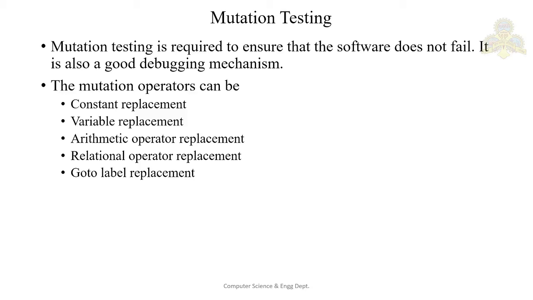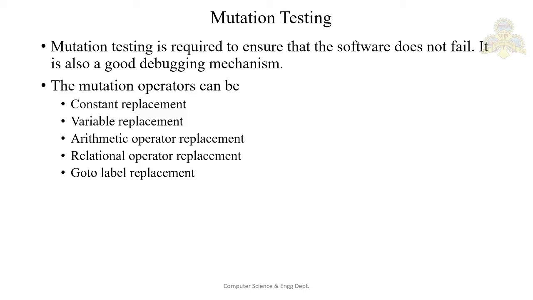If the mutant fails, that means the actual program is working correctly. So you gain confidence in your program, and the test cases can be considered good. That is, different mutants should give results different from what you have written in the test cases.